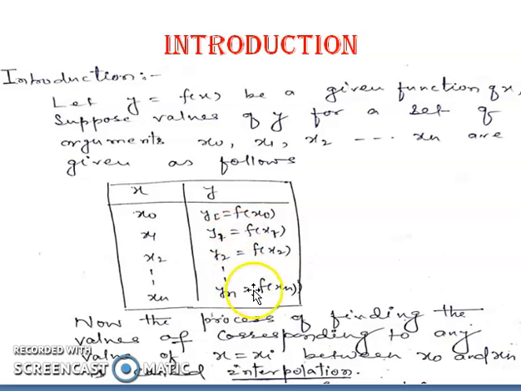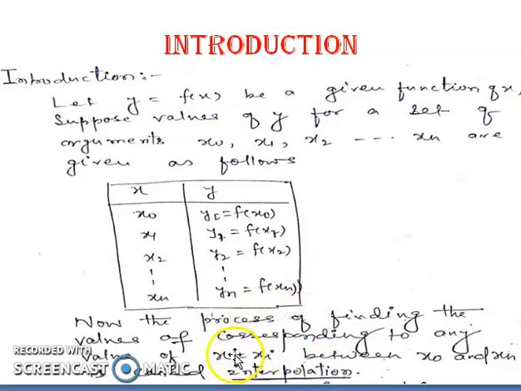Now, the process of finding the value corresponding to any value of x. Suppose we have to evaluate the value at some xi between x0 and xn. Then this process of finding the value is called interpolation. Here we just take the generalized value x equal to xi.